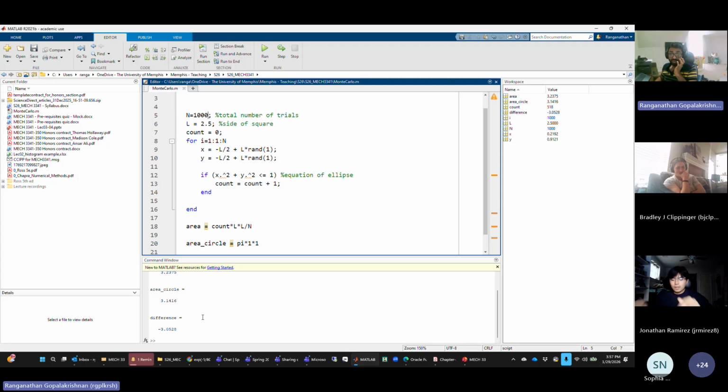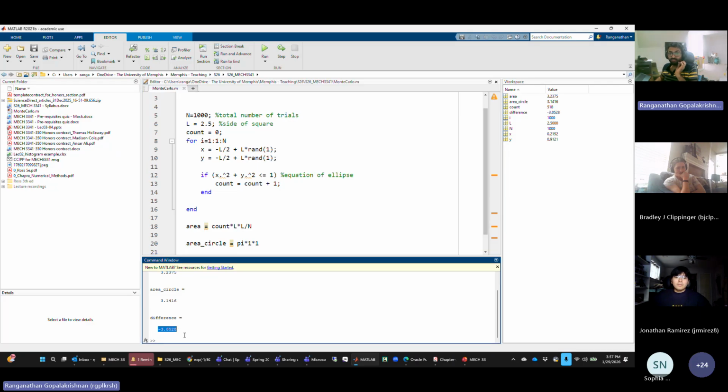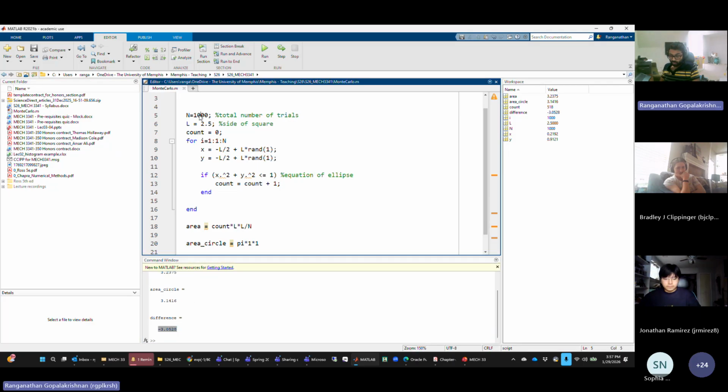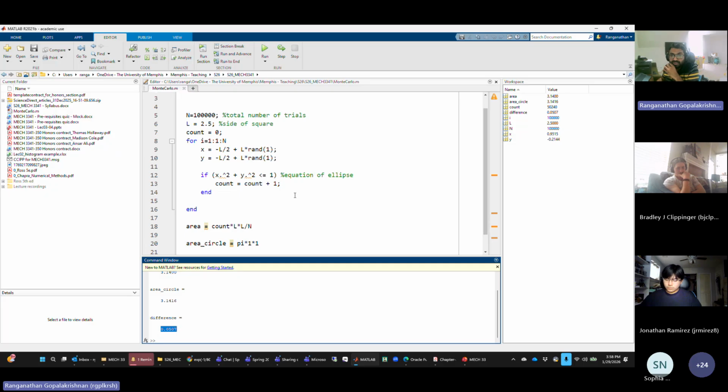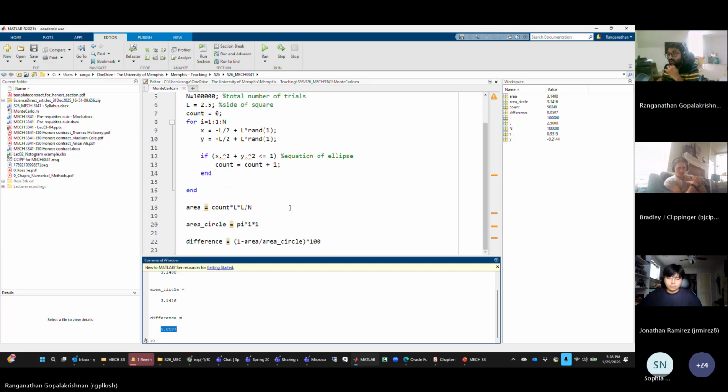If I do 1,000 trials, I get only 3% difference. If I do 10,000 trials, the difference is 1.24%. And if I do 100,000 trials, this is only 0.05% difference. Almost the same as the exact answer.